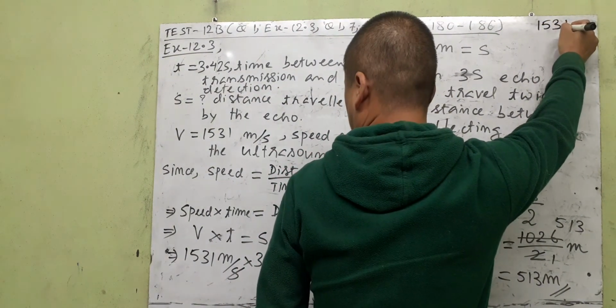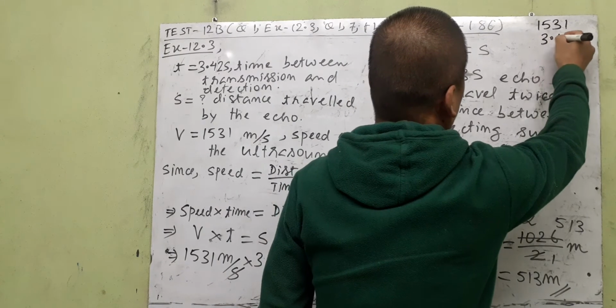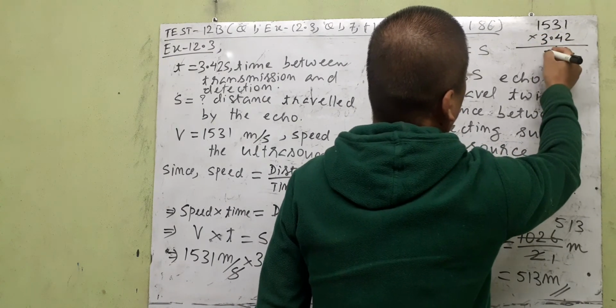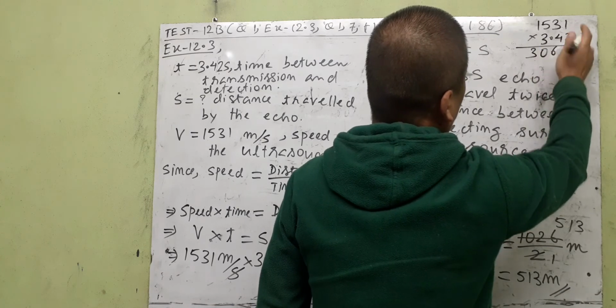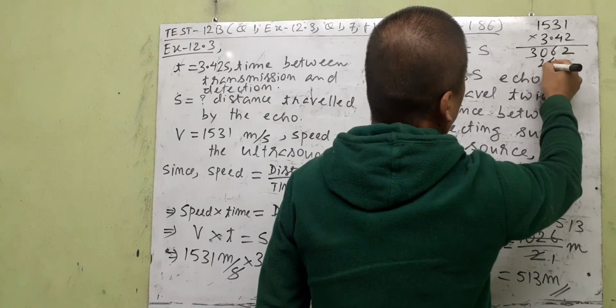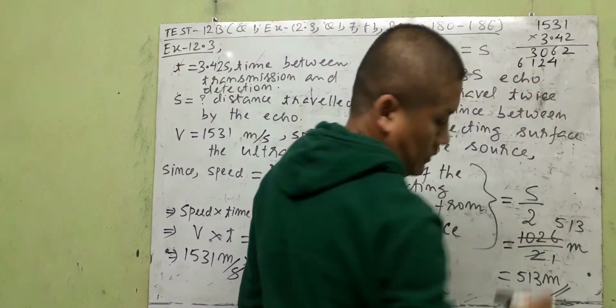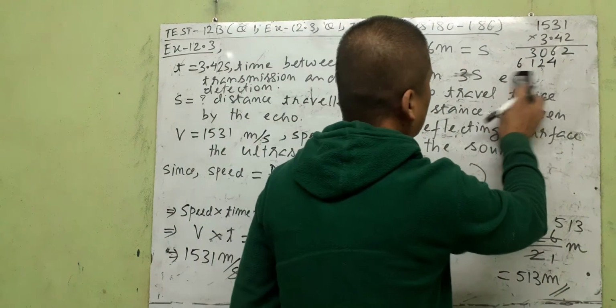1531 multiplied by 3.42. 2 ones are 2, 2 5s are 10, 2 ones are 2, 4 ones are 4, 4 3s are 12, 4 ones are 4, 5, 6. One more number.